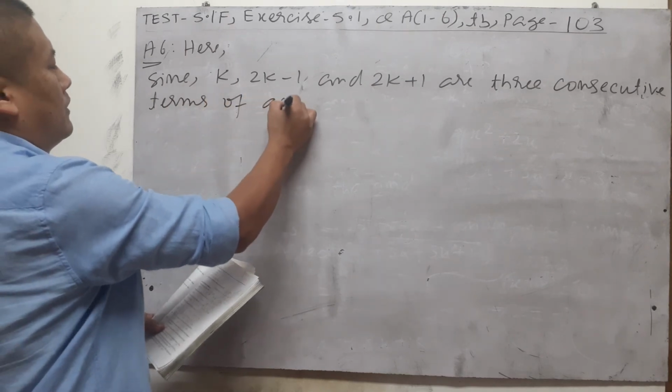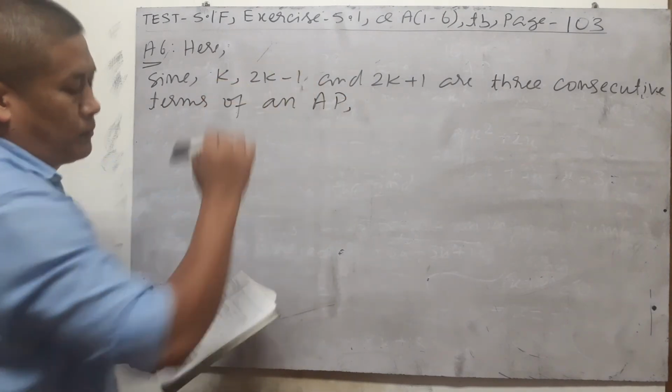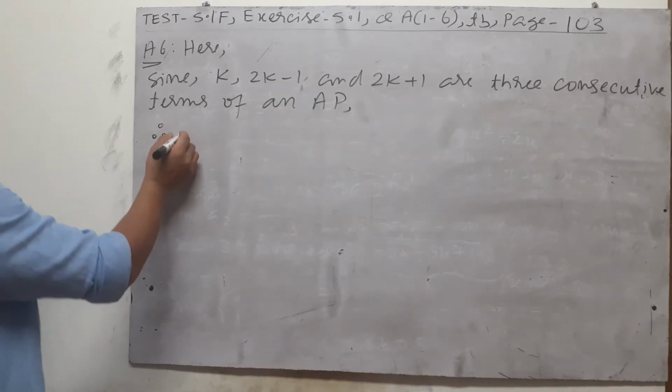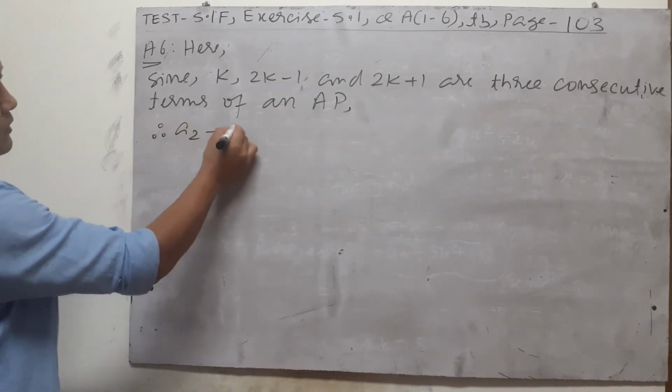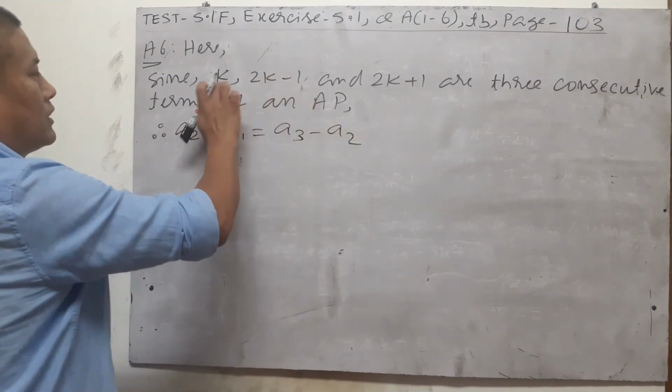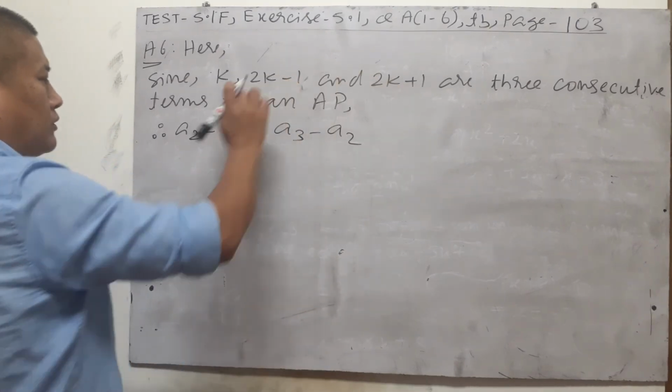of an arithmetic progression AP, means they are in AP, therefore A2 minus A1 will be surely equal to A3 minus A2. A2 minus A1 will be equal to A3 minus A2.